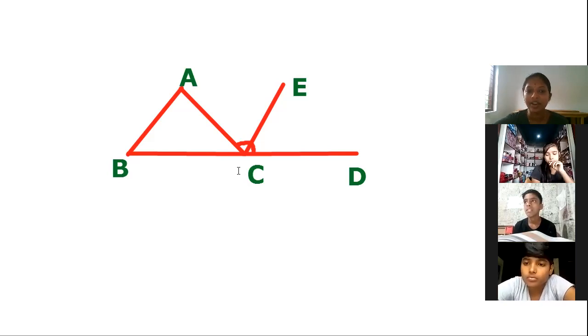Can you see a transversal which cuts both AB and EC? Which is it? The side AC. Just look at the line segment AC. The parallel lines are AB and EC, and it is cut by the side AC. Then we can consider AC as the transversal.